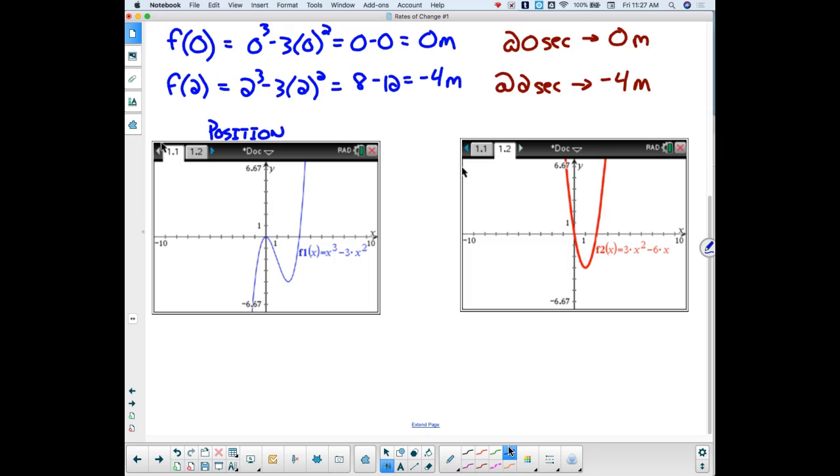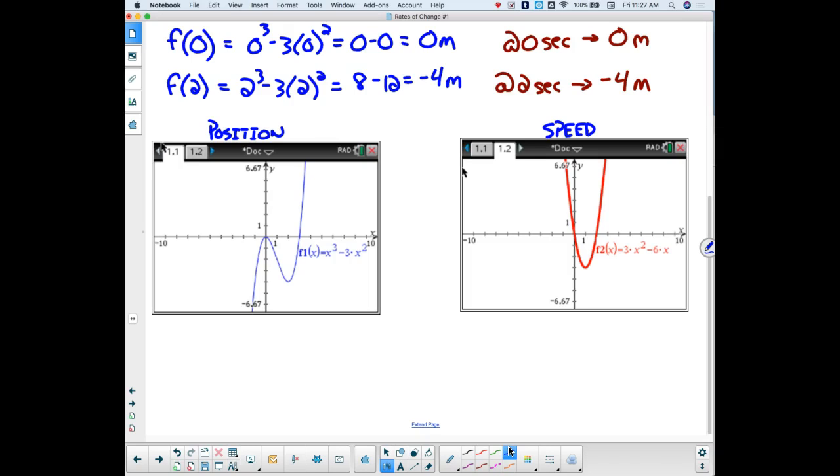This is my speed function. My position function tells me that I start out and I actually go backwards. If I'm pointed in that direction, I start out and I back up and then I rapidly go forward.